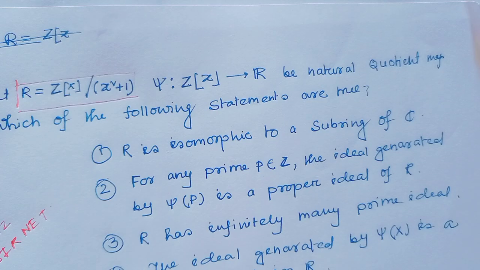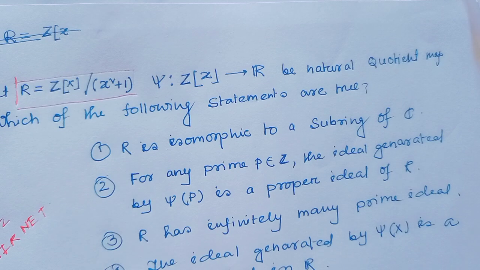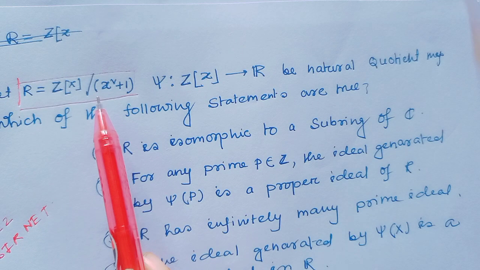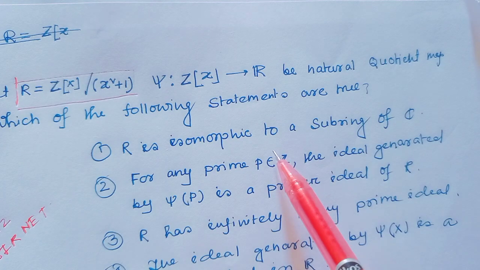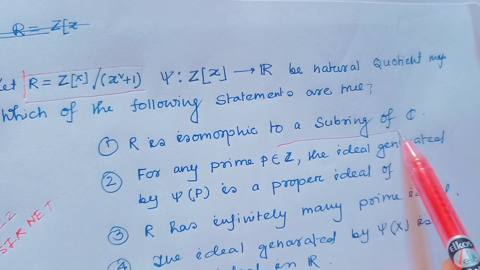Which of the following statements are true? Option 1: the ring R, where the ring is Z[x] divided by the ideal generated by x square plus 1, is it isomorphic to a subring of the complex numbers?